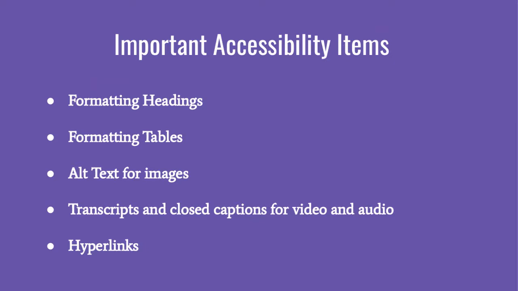So these items are really meant to help you structure your documents and your media so that assistive technology and keyboards can navigate them easily, and the students can get the same experience that a sighted or a non-challenged person can get. One of them is really simple.